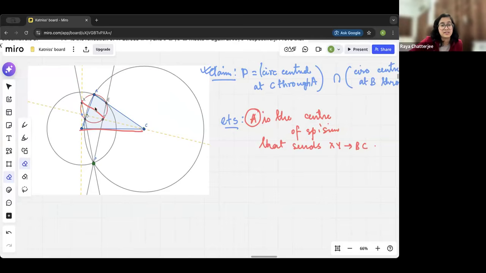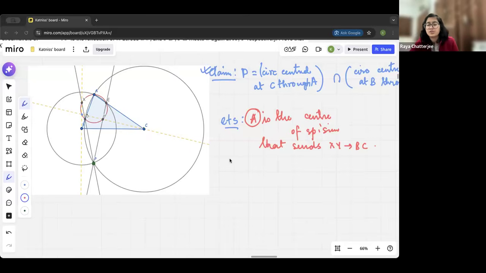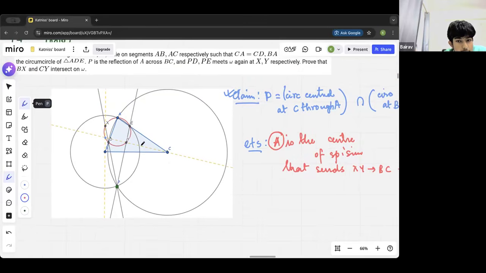So I would say angle chase. And in the angle chase, you are going to have to use that P is the reflection of A. I think we might not need an angle chase directly here because it's enough to prove that ADE is similar to ABC.